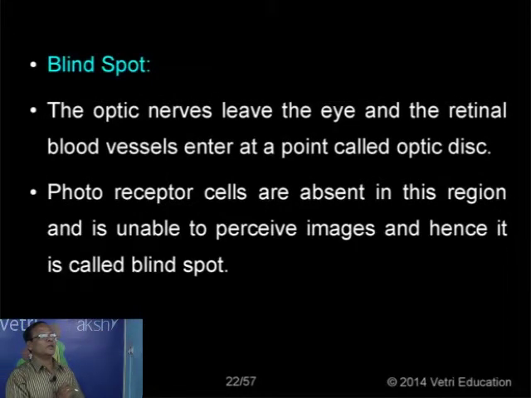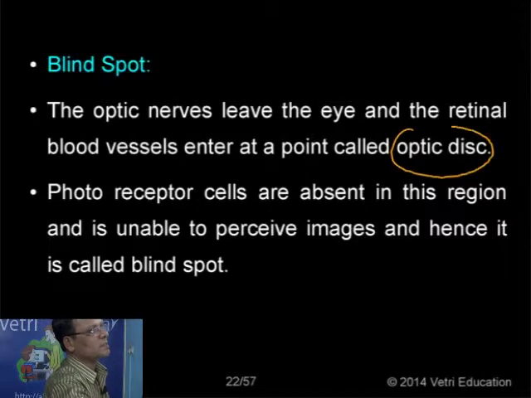Blind spot. In the retina, there is one spot where the optic nerve leaves the eyeball at the posterior end, and the retinal arteries enter into the eyeball, and that spot is called the optic disc.